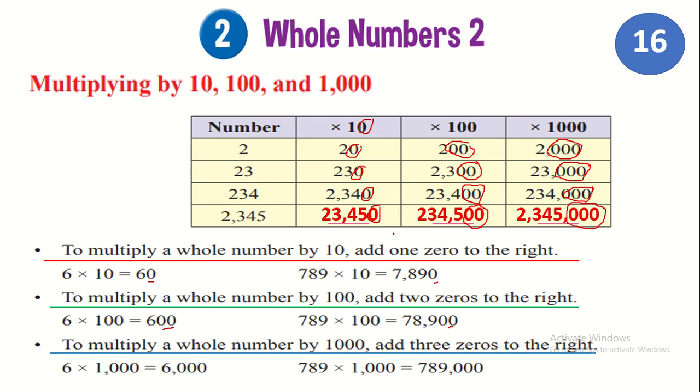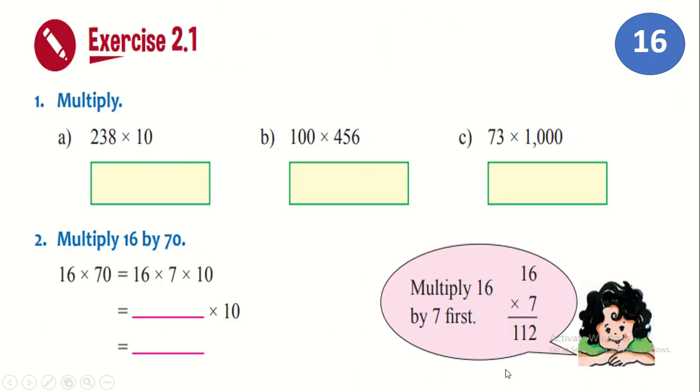Same here, 6 times 1000 is 6000. 789 times 1000, add 3 zeros to the right, becomes 789,000. Correct, students?